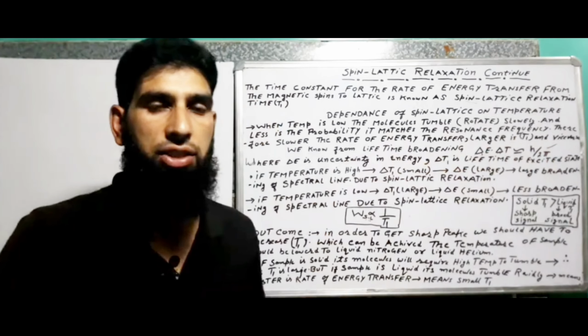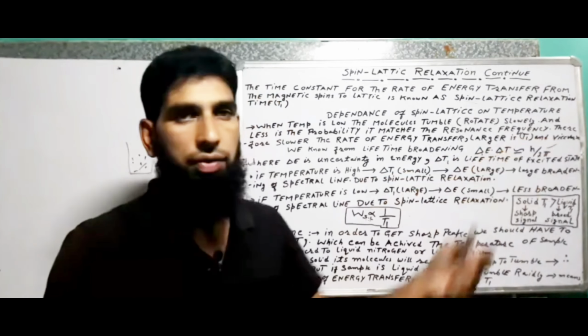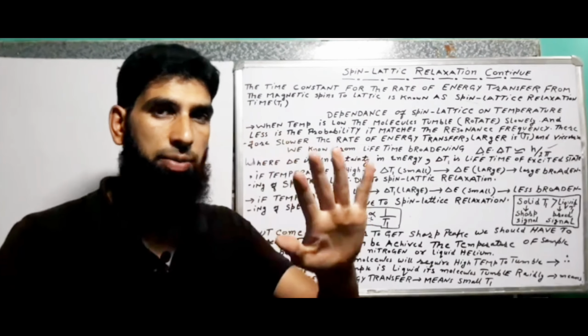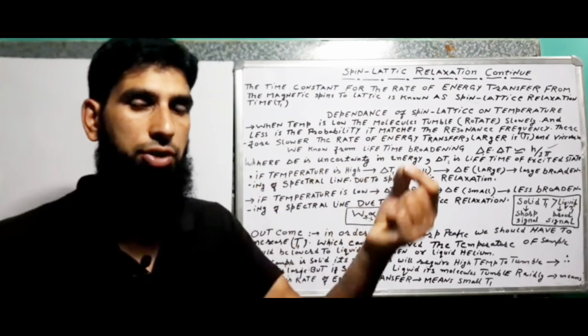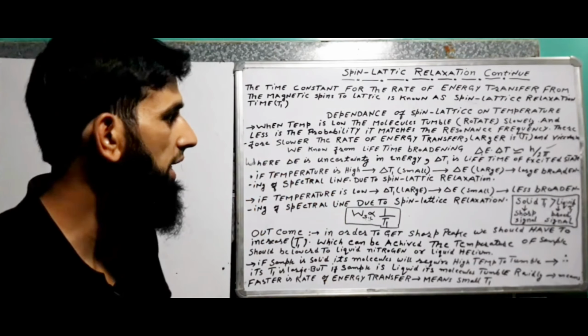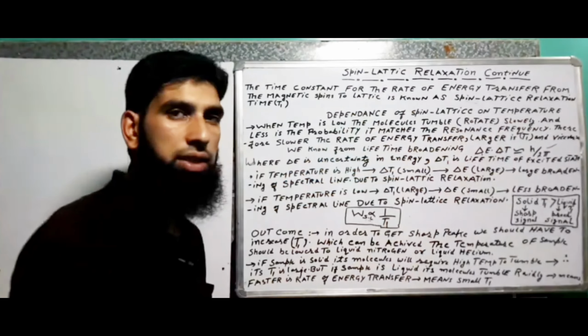T1 means spin lattice relaxation time; we represent the spin lattice relaxation time by T1. And vice versa: when temperature is high, the molecules achieve resonance frequency faster, the rate of energy transfer is faster, the spin relaxes fast into the lower energy state, and the spin lattice relaxation time is less. This is all about the spin lattice relaxation time.